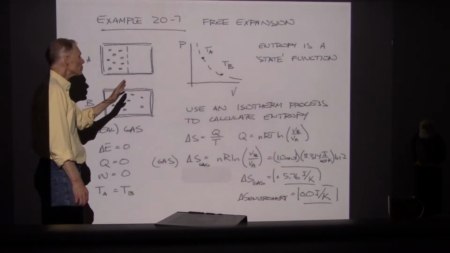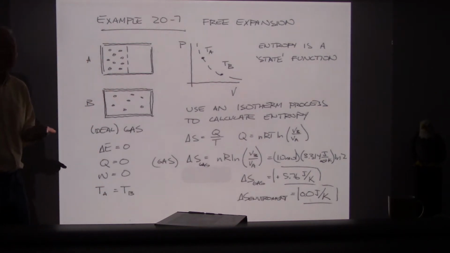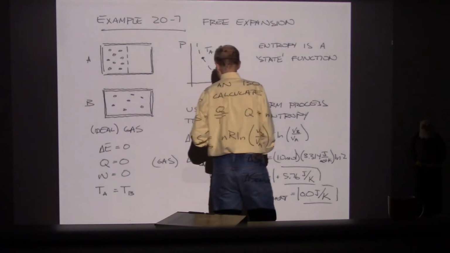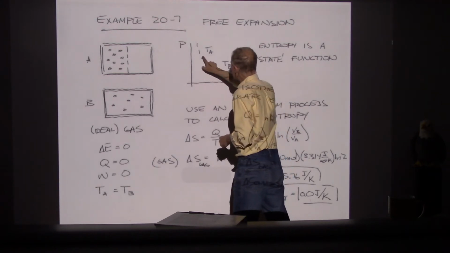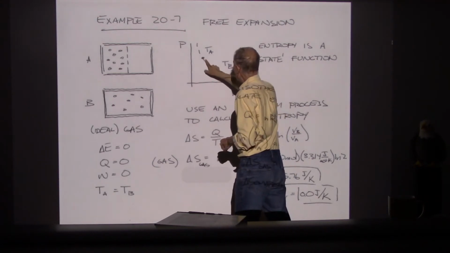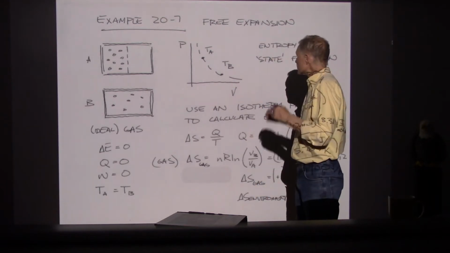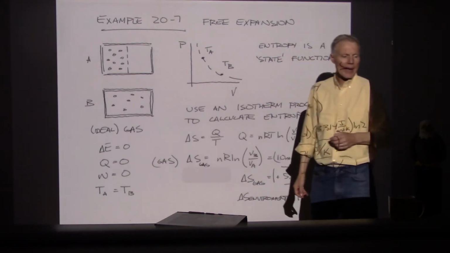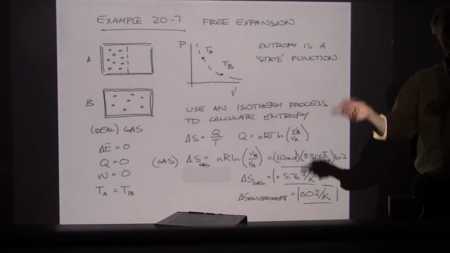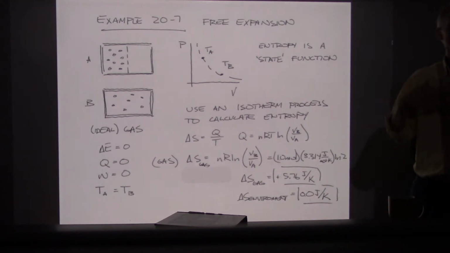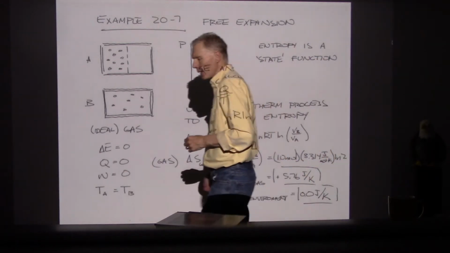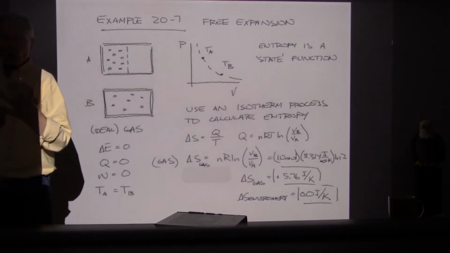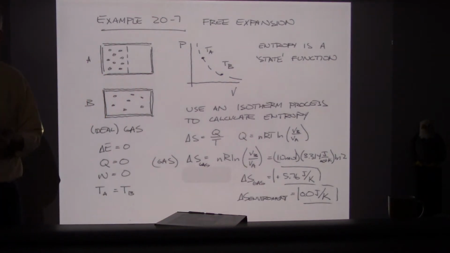Now we can use a kind of a trick. What we can say is that when we look at point A and point B, the difference in entropy between A and B is the same regardless of what path we take. Back when we started looking at these heat engines and such, and we looked at work and heat transfers, we said that when we look at something on a PV diagram, if I'm calculating work or I'm calculating Q, the path makes a difference.